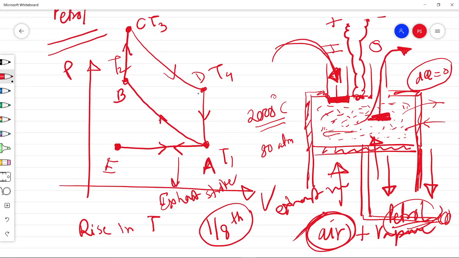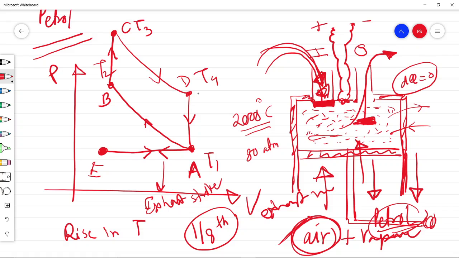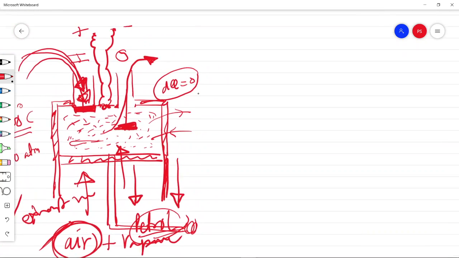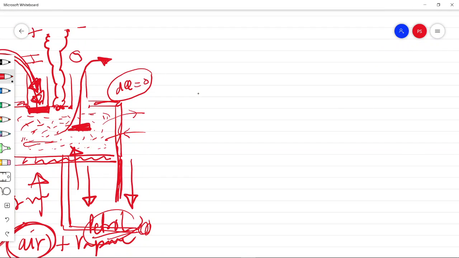This is how an entire cycle is complete, and again we can start our process from E to A by sucking in a fresh amount of fuel and air inside this cylinder. Work is performed during each cycle, and if this continuous supply of air and petrol mixture is kept on, this engine is capable of providing continuous work. Let us just go through the formula for efficiency of this engine.